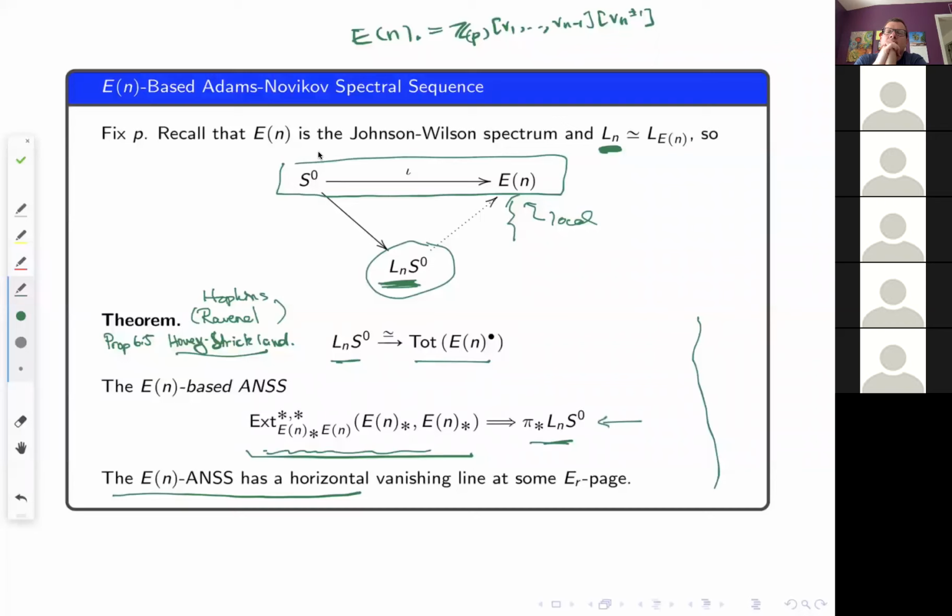This is very different from, say, MU and the classical Adams-Novikov spectral sequence, which would have lots of differentials. The difference is that this won't compute the homotopy groups of spheres, but some other approximation of it, as in the nth chromatic layer.